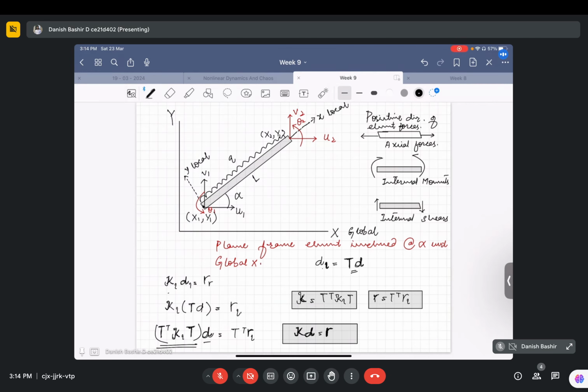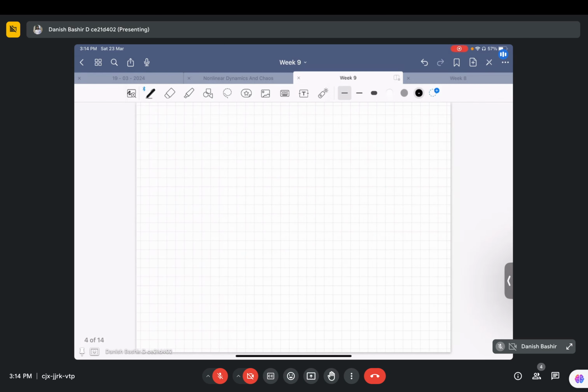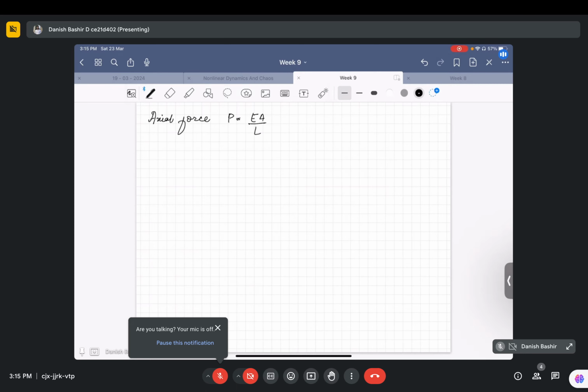Then other things will follow, like in the truss problem, how we were able to compute other things: axial force, shear force, and bending moment. So here again, it will be the same things. Axial force P will be EA by L. There it was U1 minus U2, so U2 minus U1.